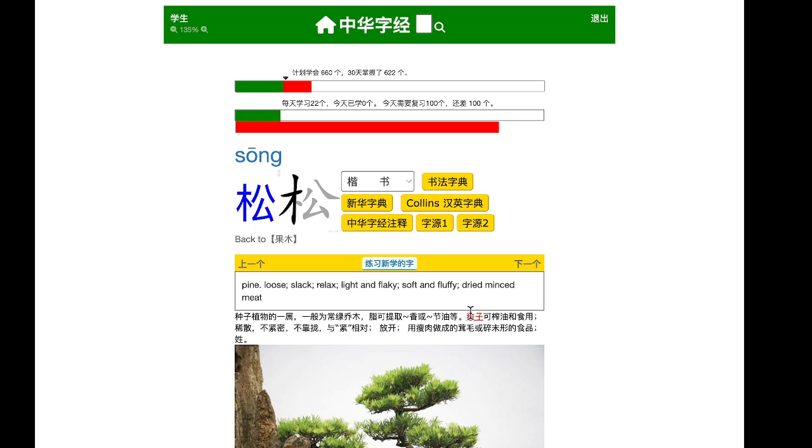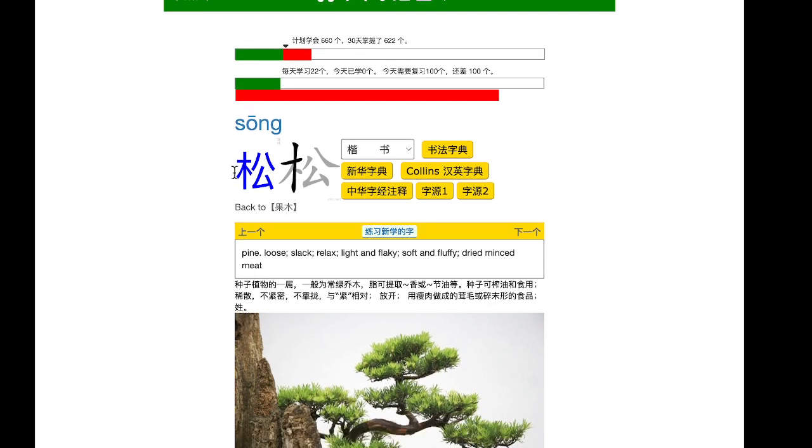Song. Song, this on the right is gong for public, but we're talking about a tree. It sounds like halfway the same. Song is pine tree. Now, song, this same character also is loose, slack, and relaxed. Song. Or it could be light and flaky, or soft and fluffy, like soft and fluffy fiber fill, or light and flaky shortbread.